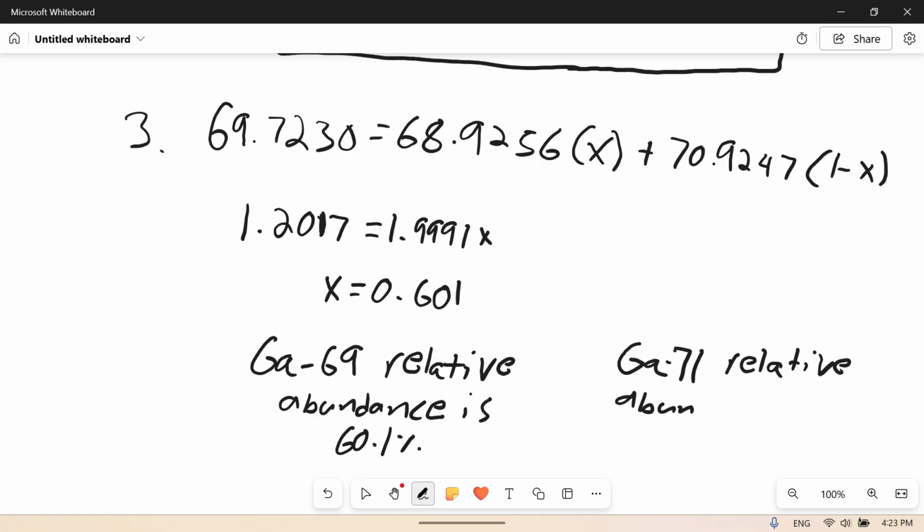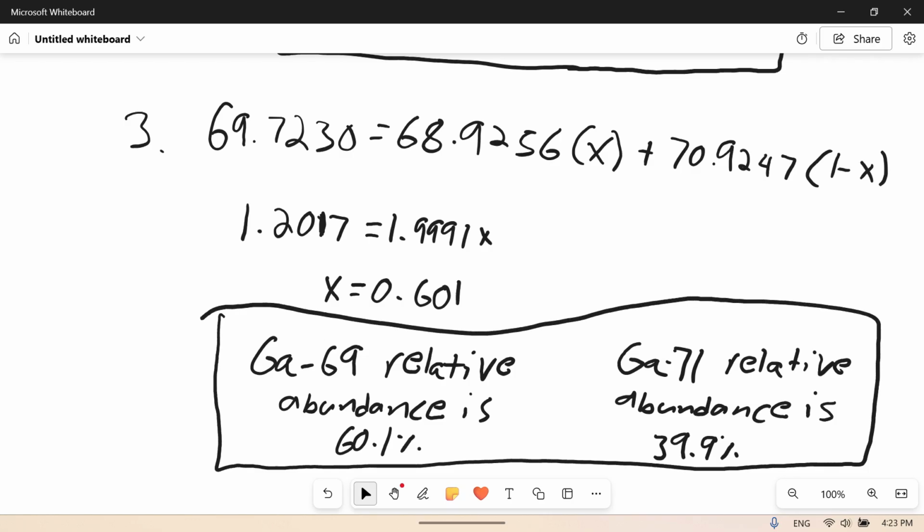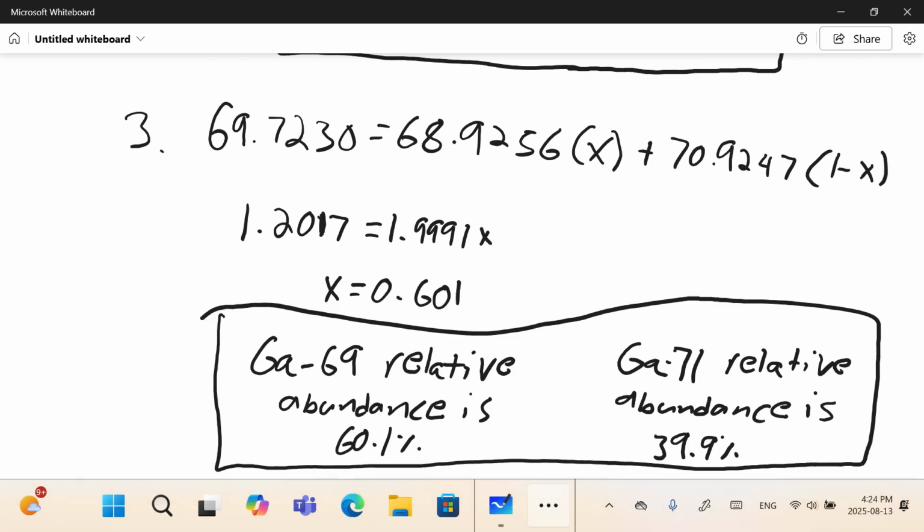That relative abundance is 100 minus that. That's 39.9%. And we can be fairly confident with this because we've had many significant figures in the mass measurements for each isotope and for the relative atomic mass. Okay, 60.1% for gallium-69, 39.9% for gallium-71.